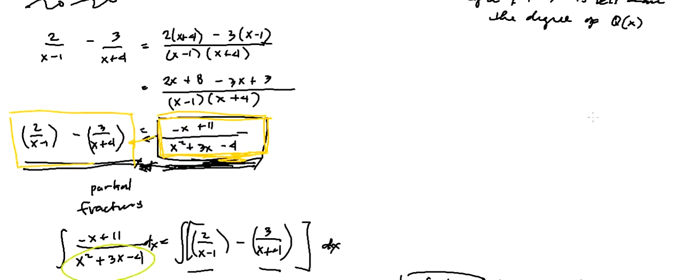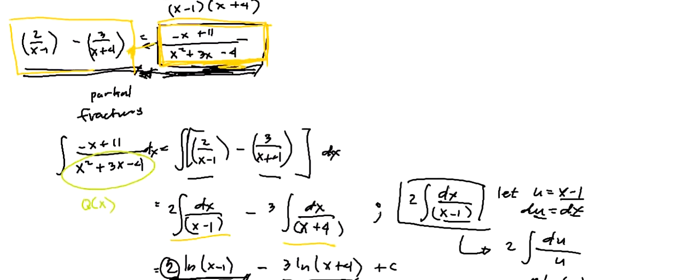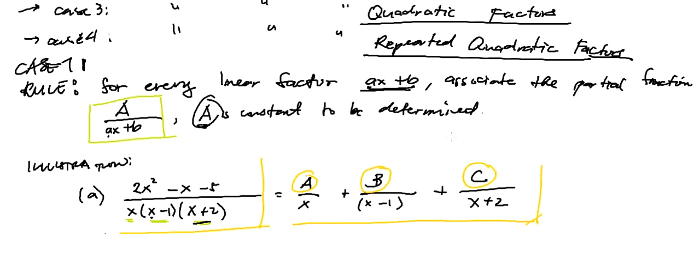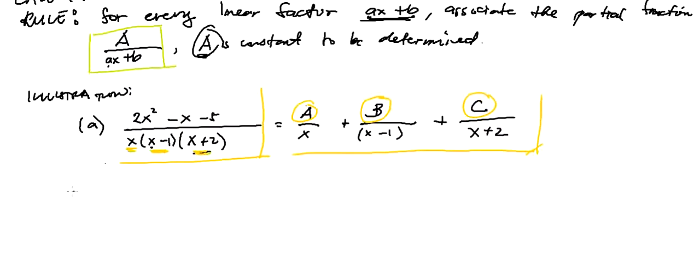Then we will make these fractions into simpler partial fractions. So in case 1, we associate this partial fraction A all over ax plus b. So we do this.